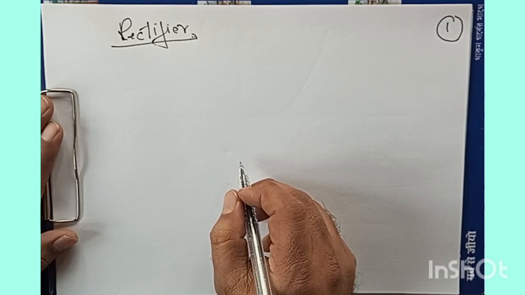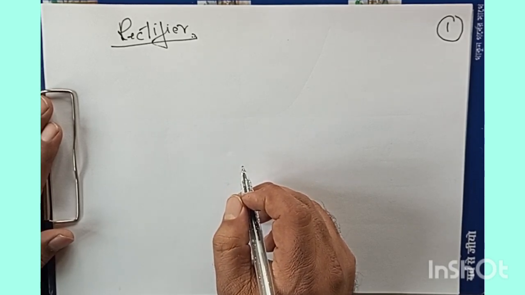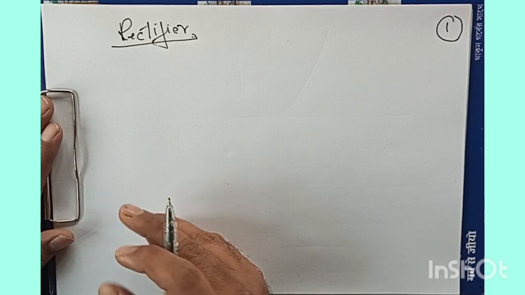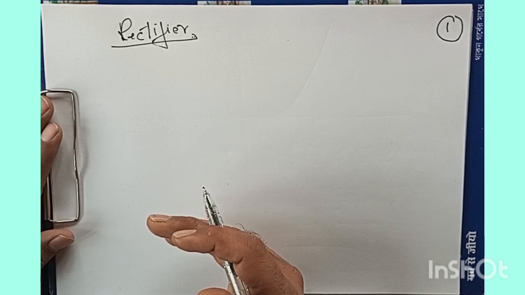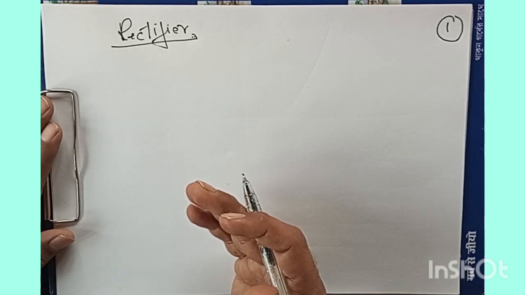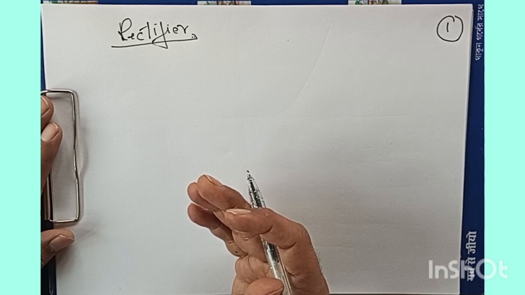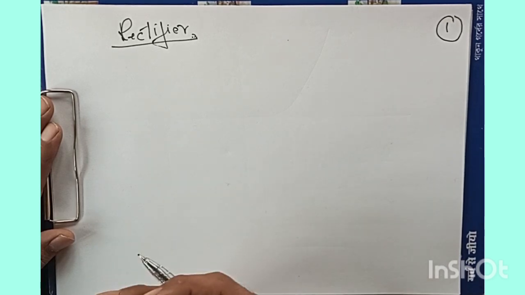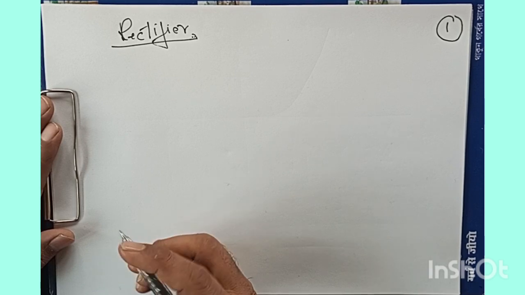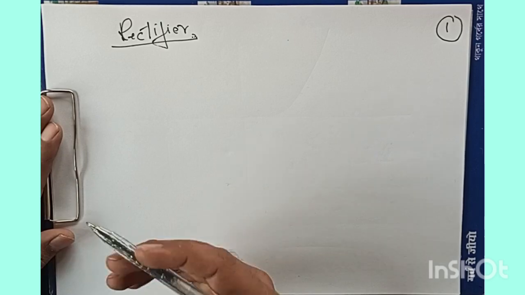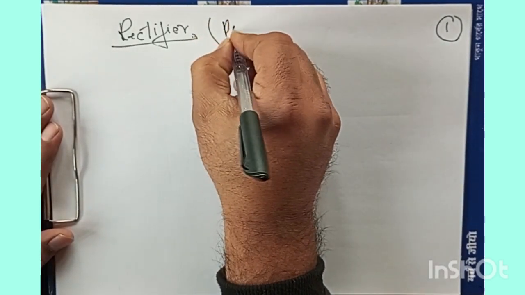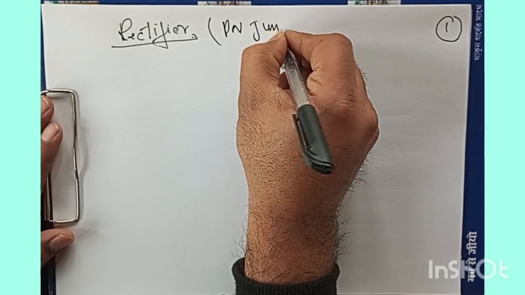To be simplistic, I would like to say that we have different modes, different ways of rectifying the AC signal and converting it into a direct signal. And we would like to discuss, one by one, the ways or modes of using the PN junction as a rectifier.